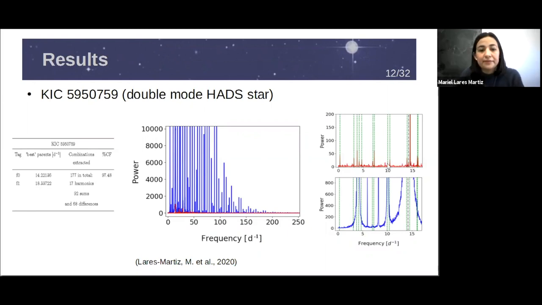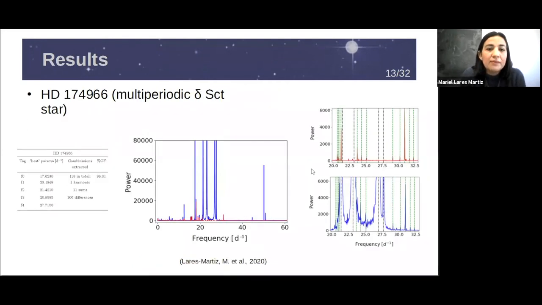So possibly a rotational splitting could be possible, but this is an interesting result. And this is for low amplitude Delta Scuti, so multiperiodic stars. We also account for a lot of the signal with combination frequencies in this case, and also frequency structure emerged from such a proper extraction.